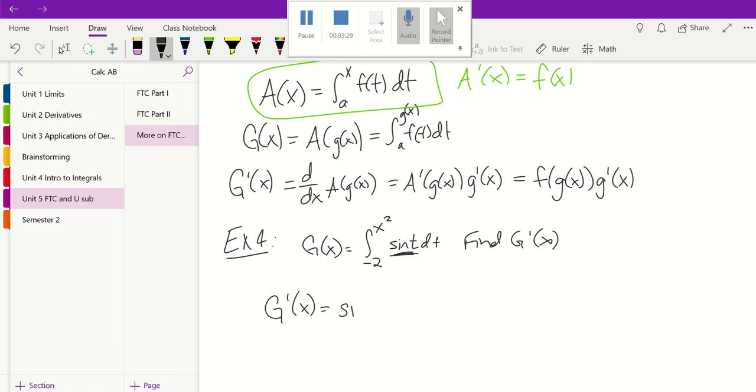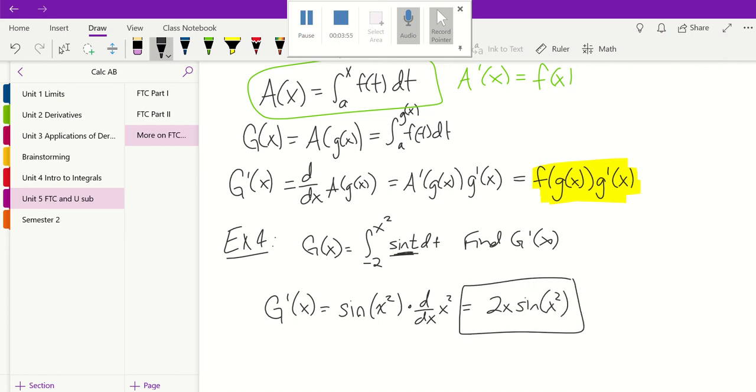So our derivative is sine of x squared times, remember, f of g of x times g prime of x, sine of x squared times the derivative of x squared. Or in other words, 2x times sine of x squared. That's our answer.